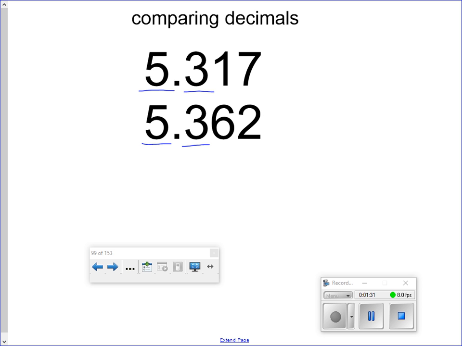So we have to move one more to the hundredths place, which is where we find our difference. So here that tells us that the bottom number is greater because the 6 is greater than a 1. Again, it does not matter what is behind that. It doesn't matter that a 7 is more than a 2 because we know that hundredths have a greater value than thousandths.